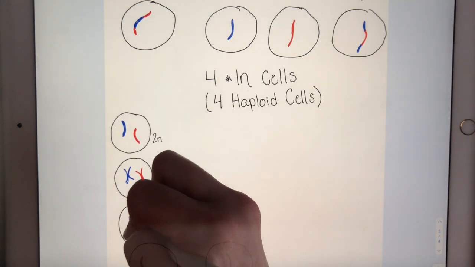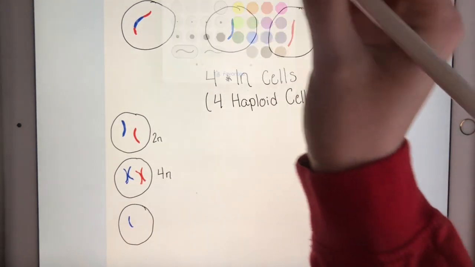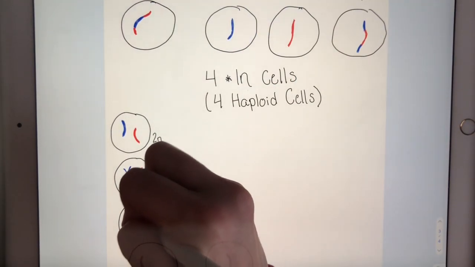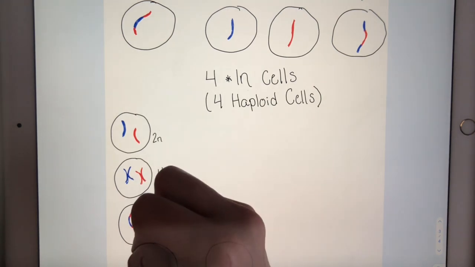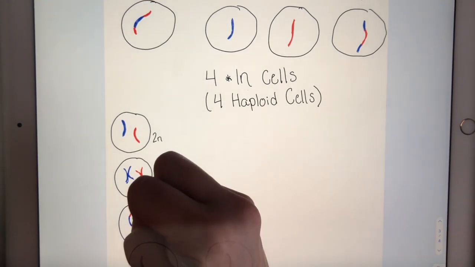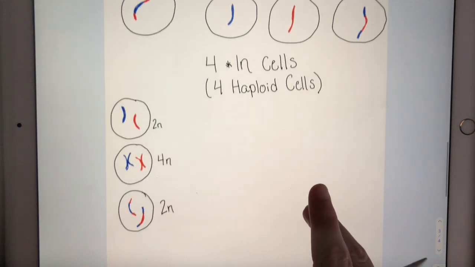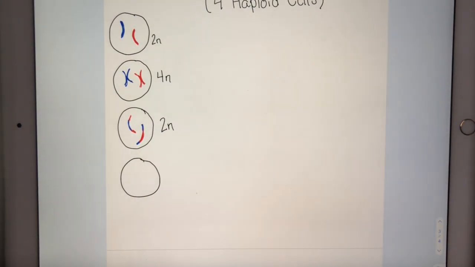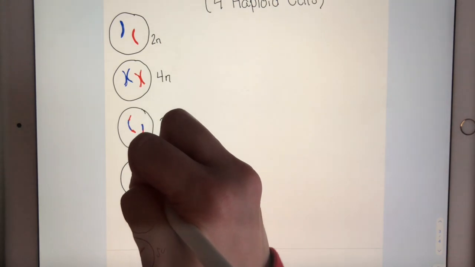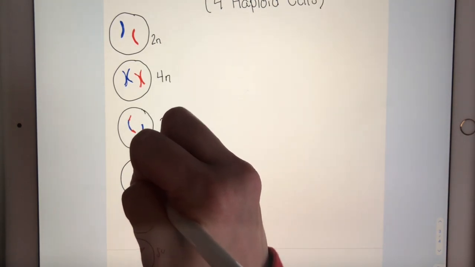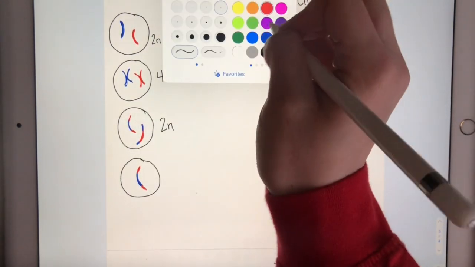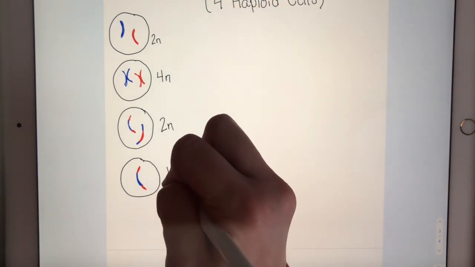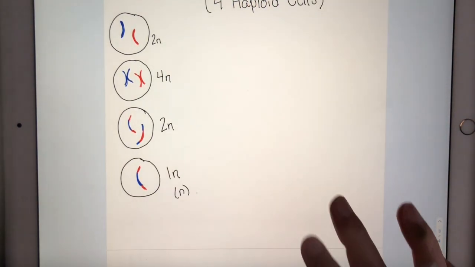They went back to being 2N, but because of crossing over, they look a little bit different now. Then, because we did not replicate our DNA before going into meiosis II, we were left with only one chromosome, which gives us one N. Or we can just call that N.